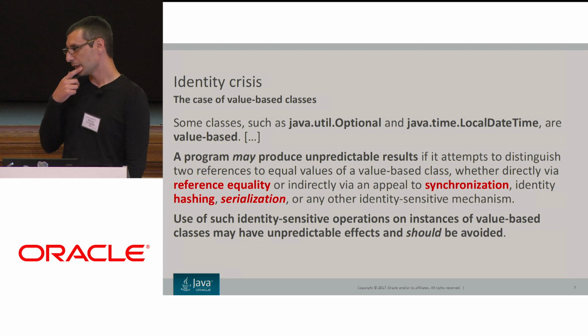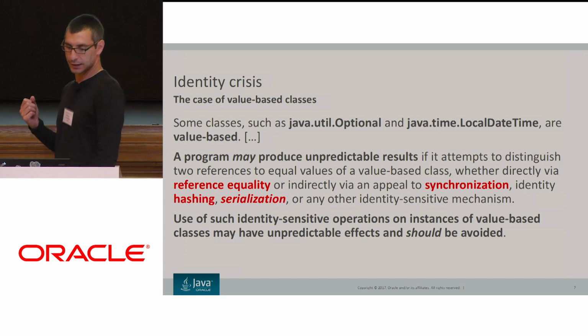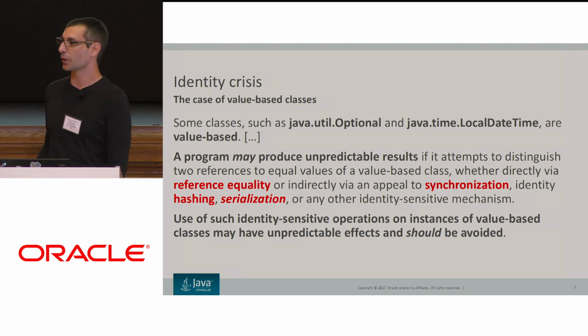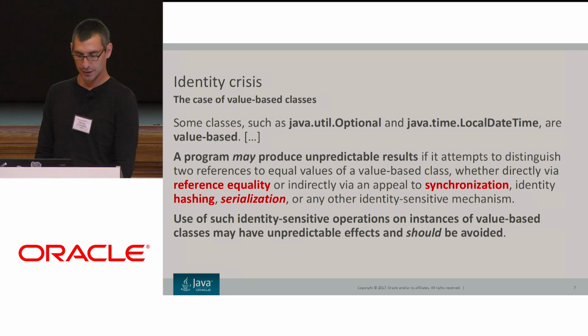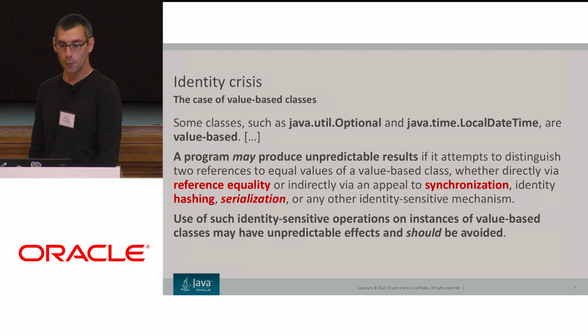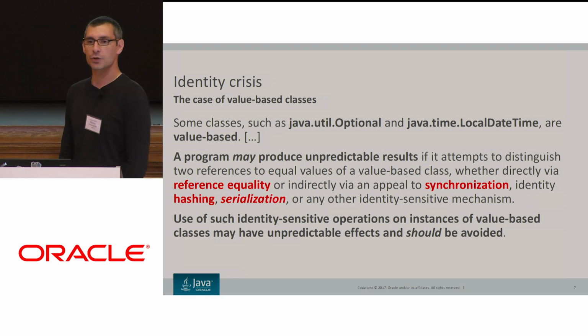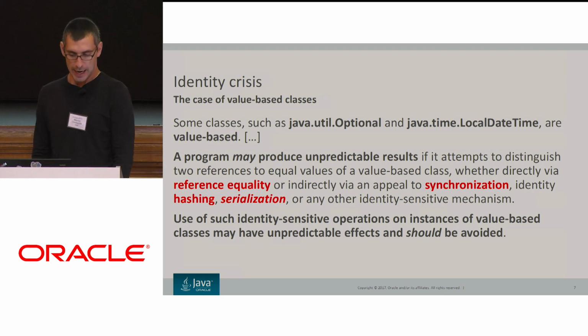And speaking about not needing identity, in JDK 8 we added this concept of value-based classes. So there are some classes, we said in JDK 8, like Optional and LocalDateTime, which are simple data carriers. And these classes are simple, and they are meant to be used in a simple way. So you shouldn't rely on identity when operating on those classes.